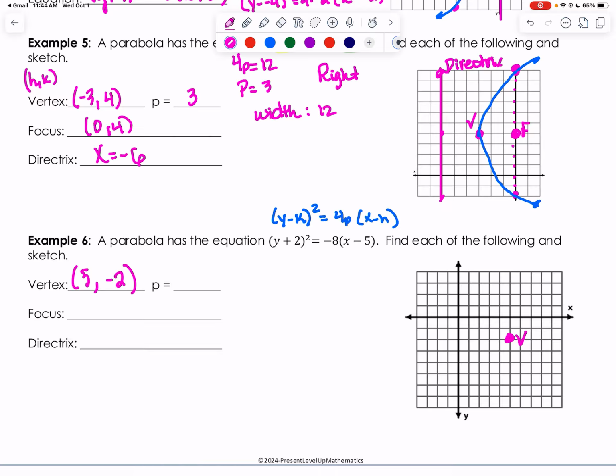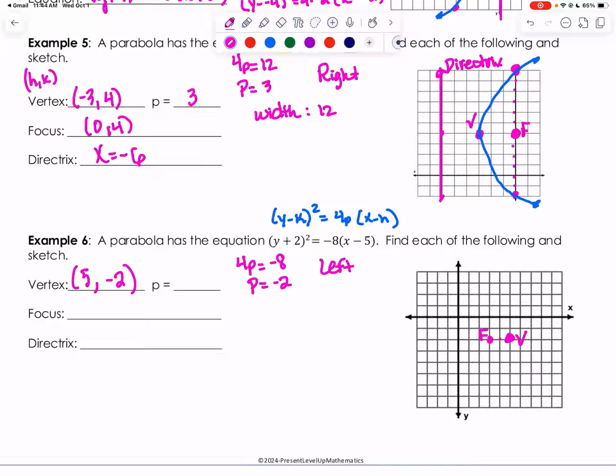The other thing we can do is get the value of p. So we know that if 4p is equal to negative 8, then 1p must equal negative 2. Now, because it's negative, I know my parabola is going to open left. So I want to go 2 units to the left.